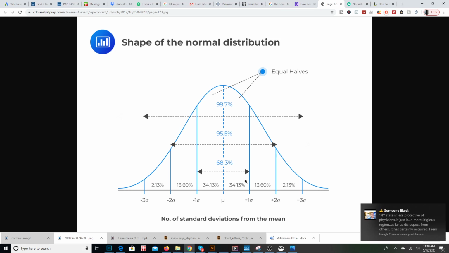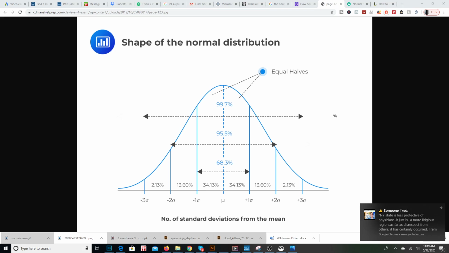So if they ask, like in the first question, within 1 standard deviation of the mean, we're looking at about 68.2.